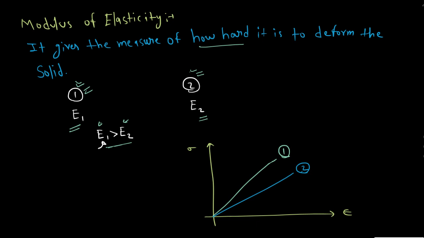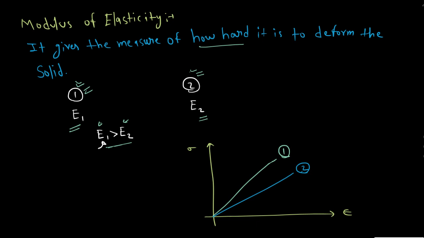If we plot the stress and strain graph of materials 1 and 2, we would have this kind of graph.